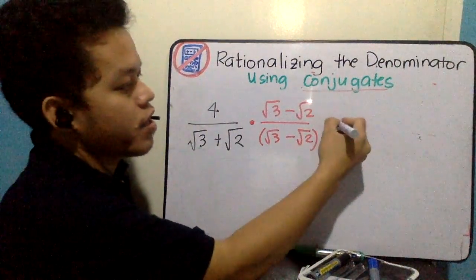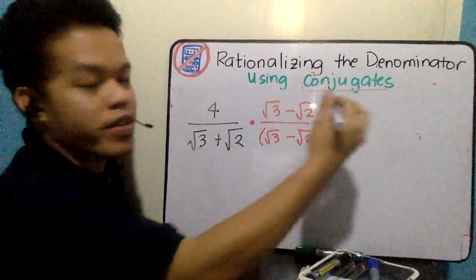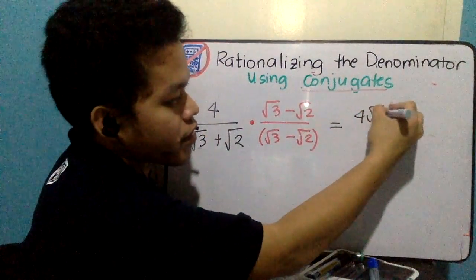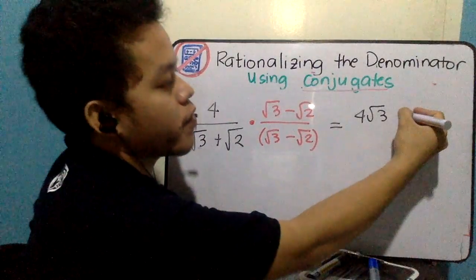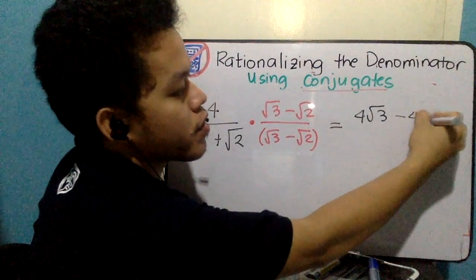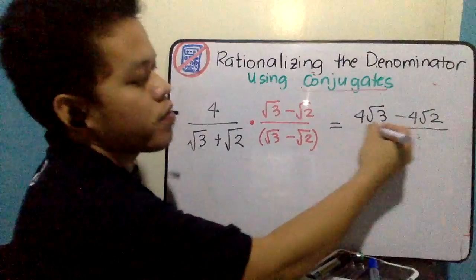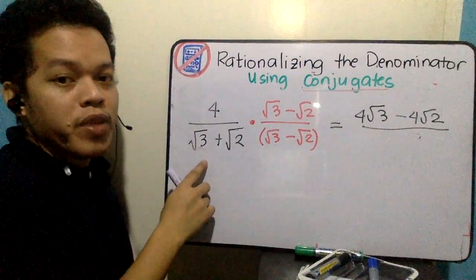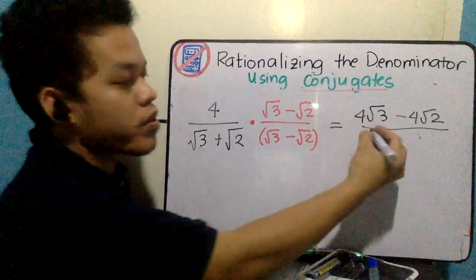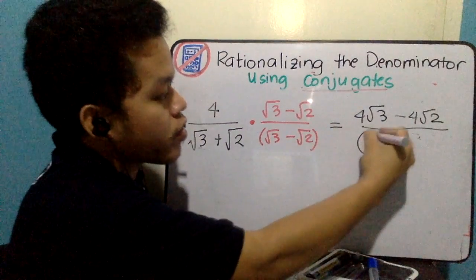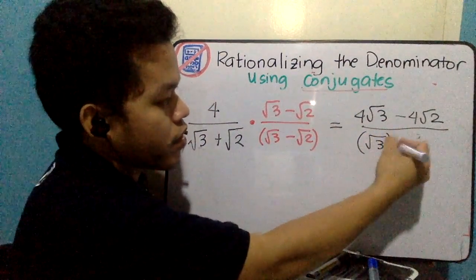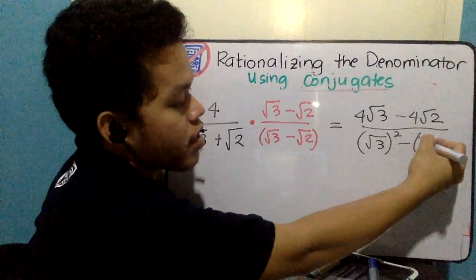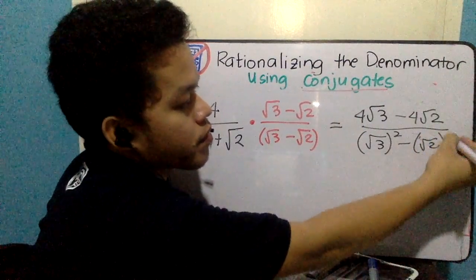That will give us 4 times square root of 3, which is 4 square root of 3. 4 times negative square root of 2 is negative 4 square root of 2. All over. Now, whenever you're multiplying conjugates, remember you're squaring both terms: the first term, square root of 3 quantity squared, subtracted by the square of the second term.